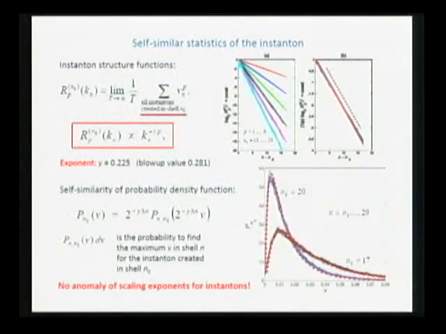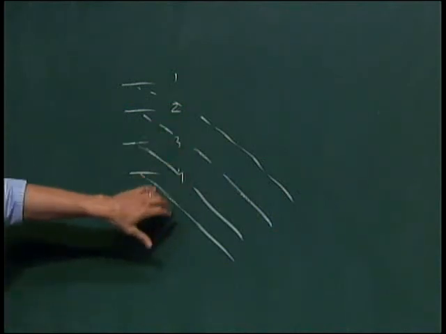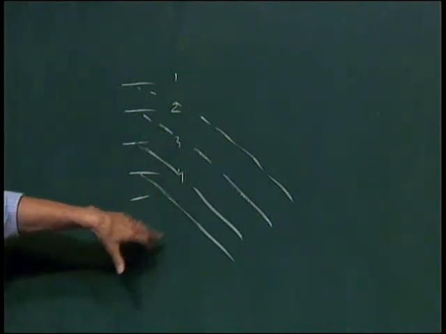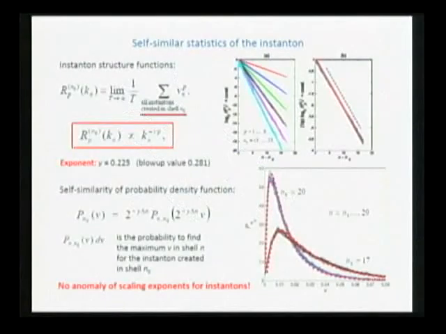So we sum up over the maxima for the instanton created in a specific shell. What it makes is divides the whole huge sum into the small number of subsums, like each subsum for each shell. And it turns out that when you do this separation, the anomaly disappears.